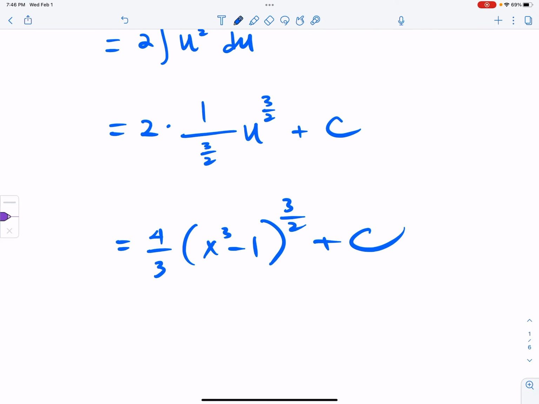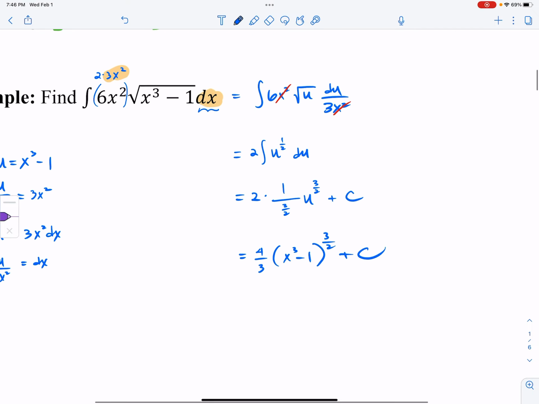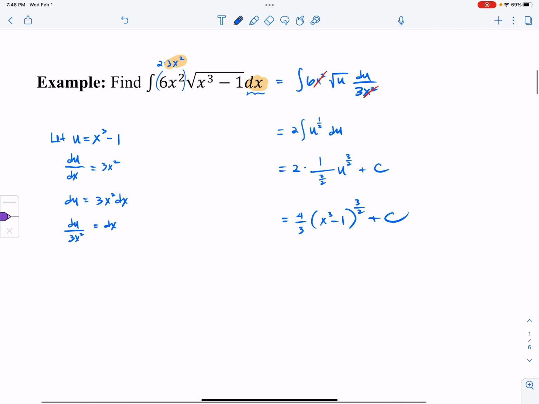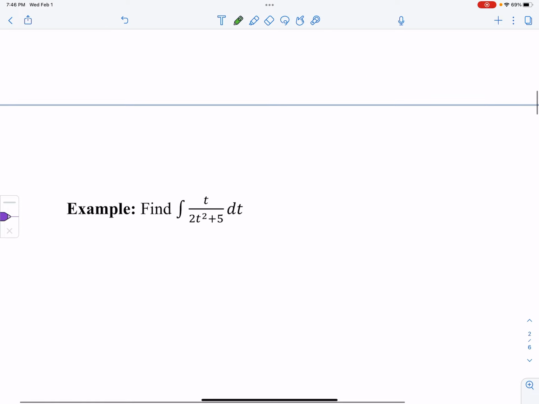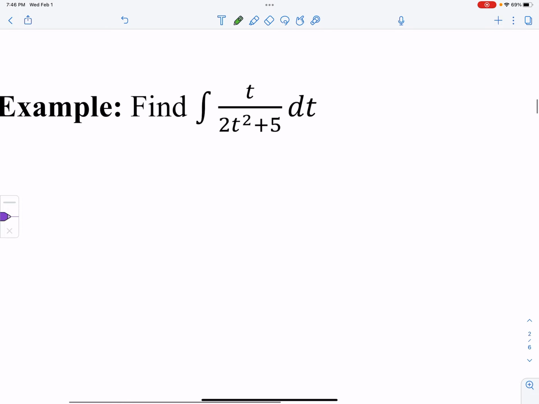And we're done. You could always double check by thinking about taking the derivative of that. Okay, again, my side work is over here. Before you rewrite, you have to state what you are letting u equal to.